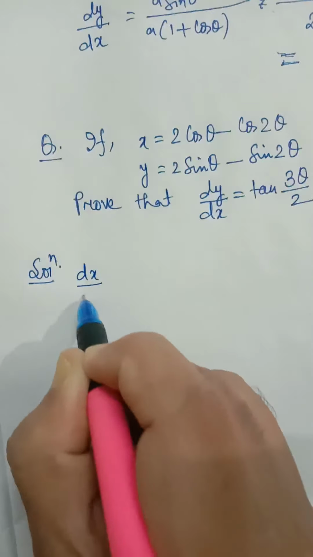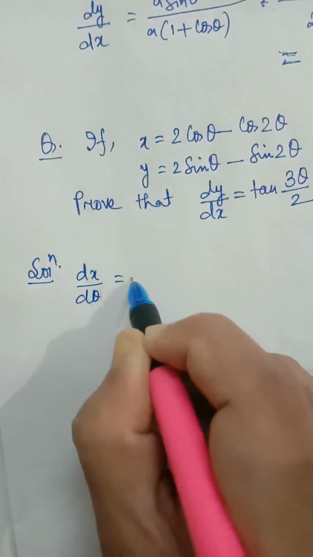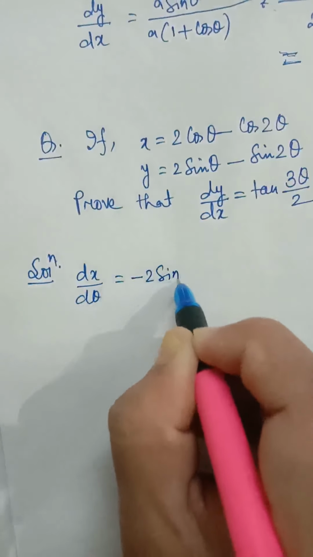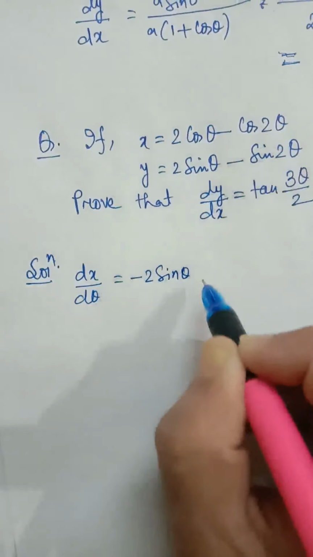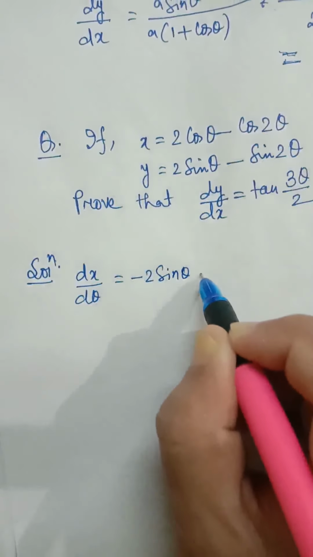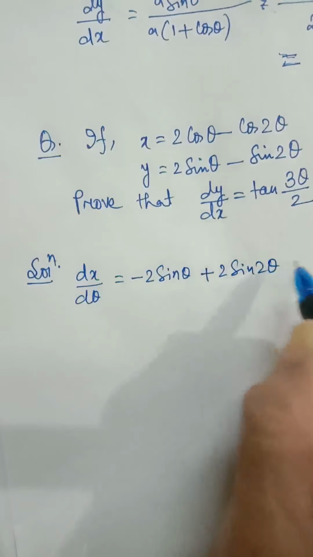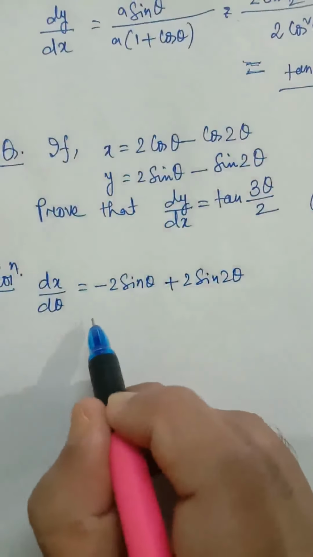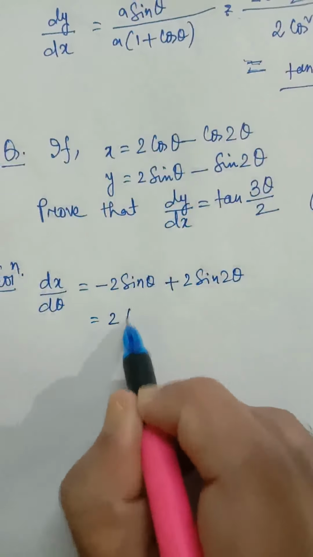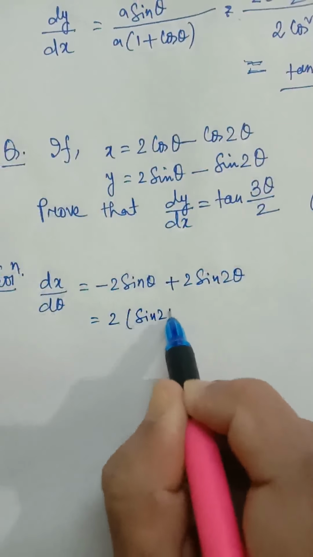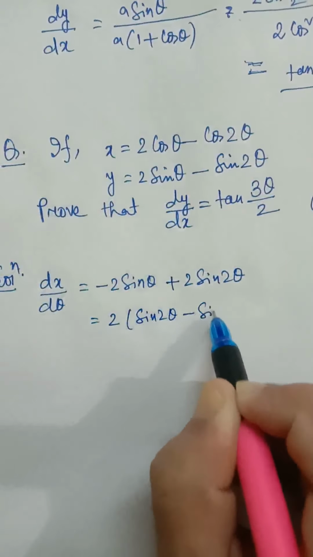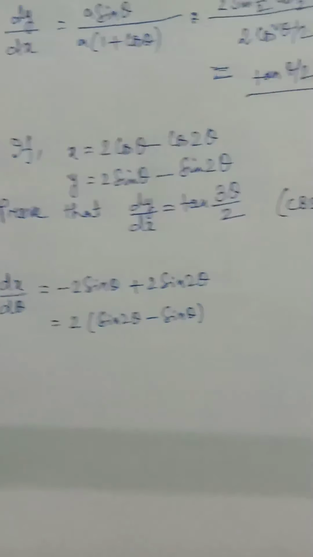dx by d theta equal to, it will be minus of 2 sin theta. Derivative of cos 2 theta is minus of 2 sin 2 theta. This will become plus 2 sin 2 theta. So you can arrange also, you can write in this way, 2 into sin 2 theta minus sin theta. This is our dx by d theta.